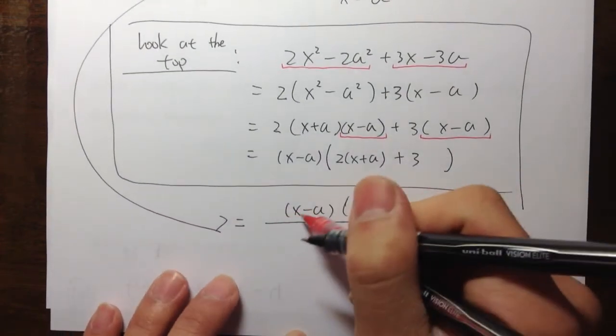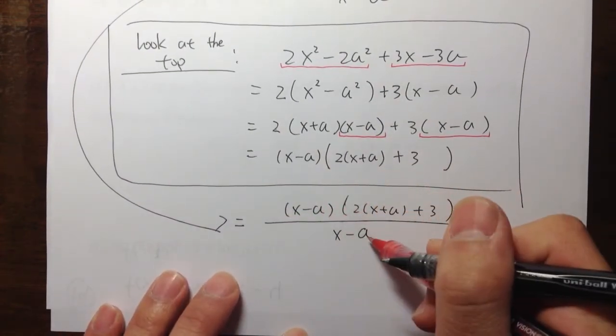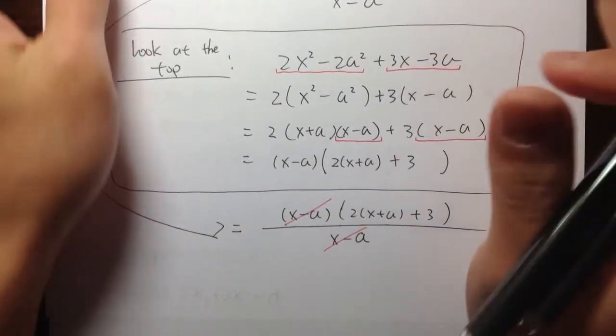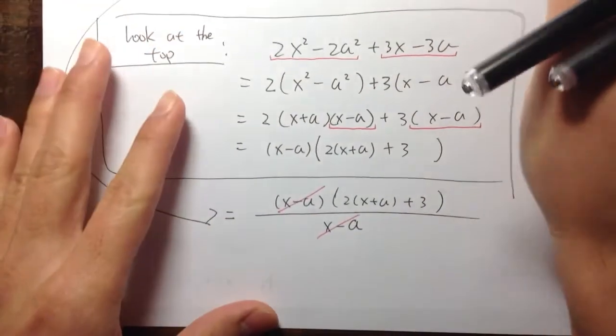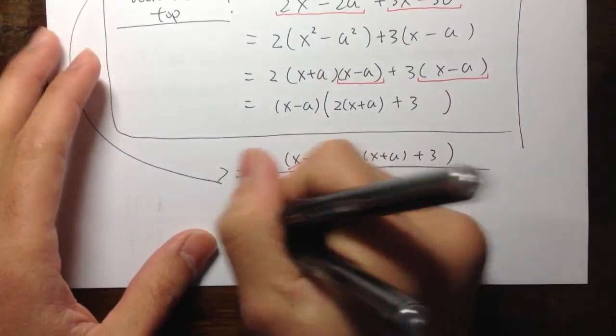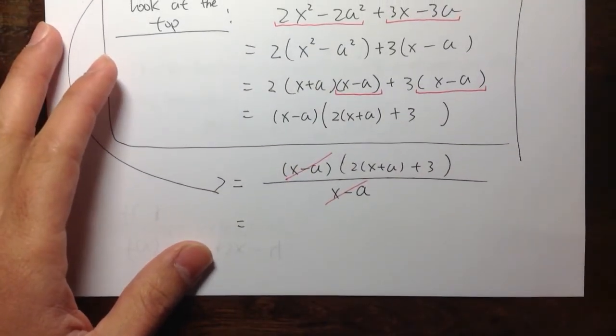As we can see, the x minus a on the top and this x minus a are in common, so we can cancel them out. See? We can cancel the denominator. That's why I tell you, this is something that you need to keep in mind. It will always work if you are dealing with polynomial functions.